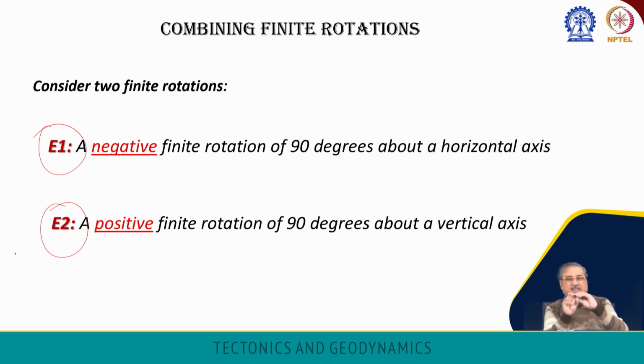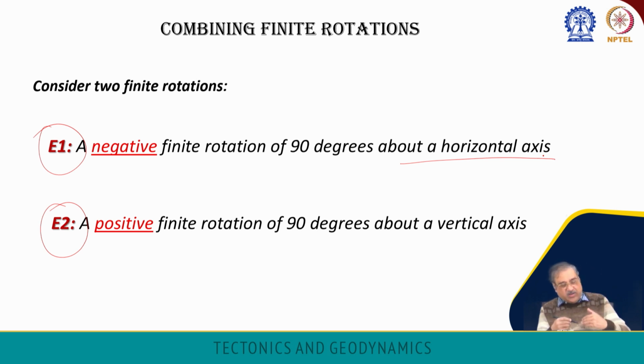So from your side, we have a clockwise rotation because it's negative. From my side, that same rotation would be anti-clockwise. Let's assume that the axis is facing this way.